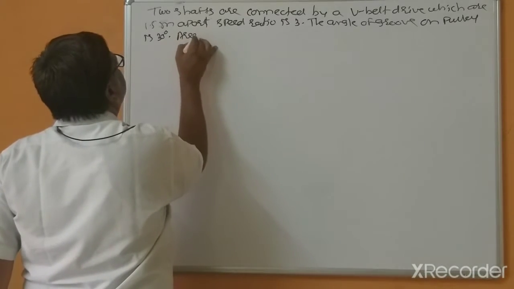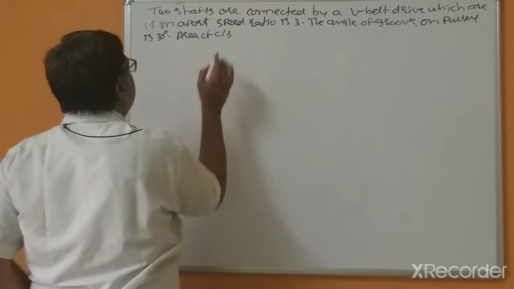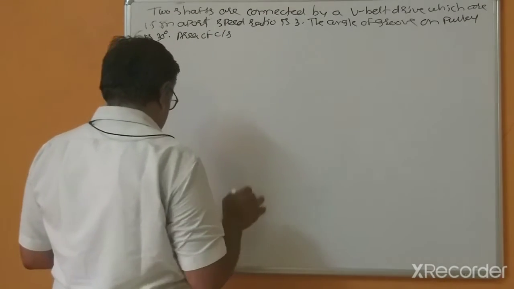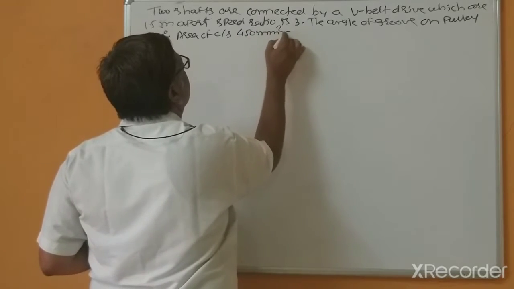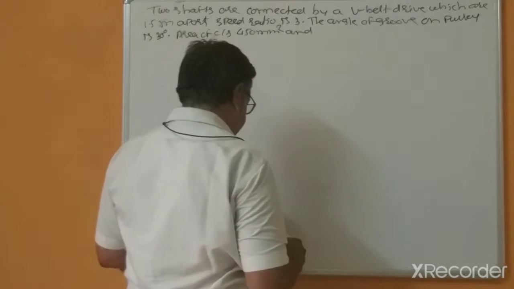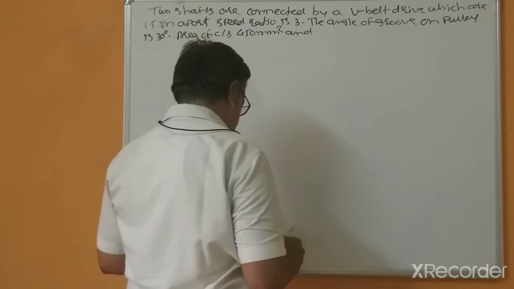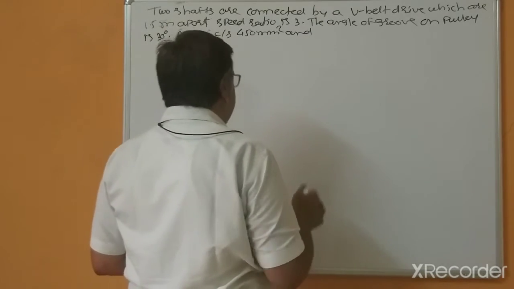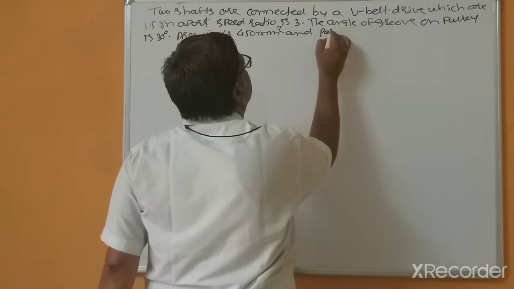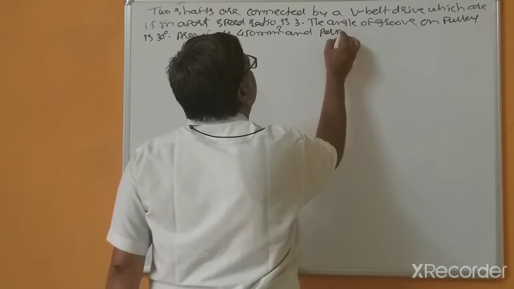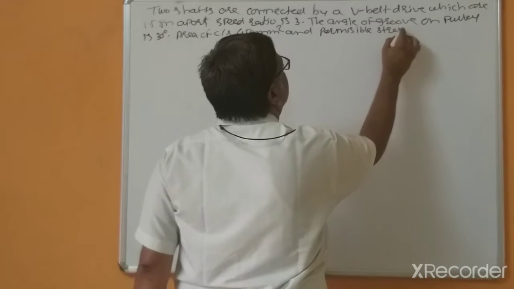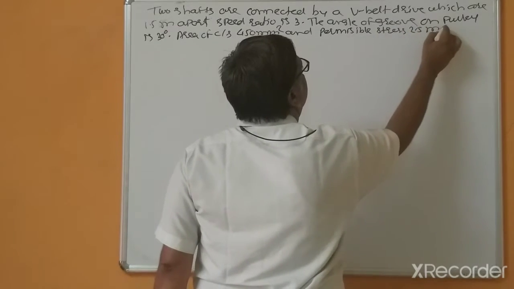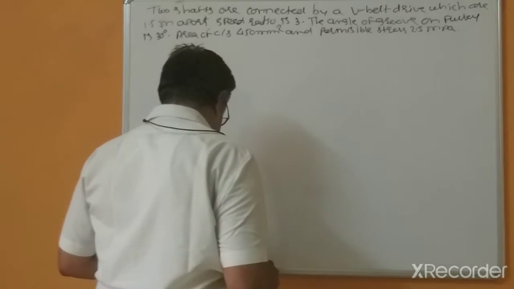Area of cross section is 450 mm square and permissible stress is 2.5 megapascal.